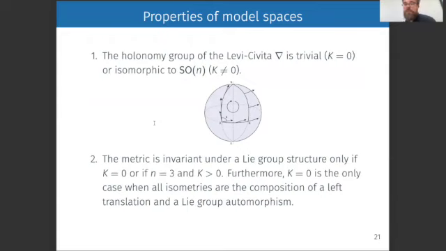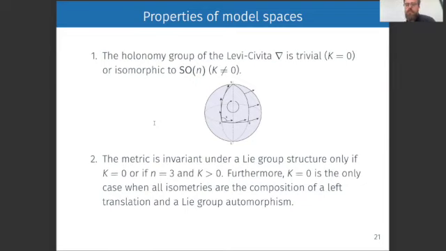Note that these have some specific properties. For example, for model spaces, being flat means that your holonomy is trivial. Otherwise, if you're non-flat, your holonomy is equal to SO(n), the maximal possible.